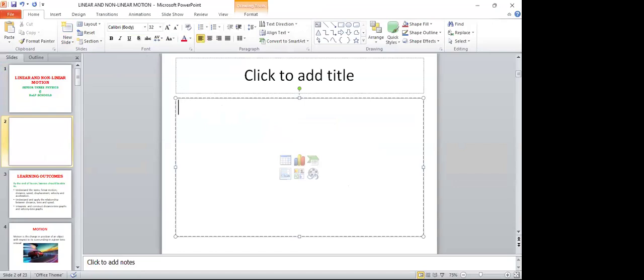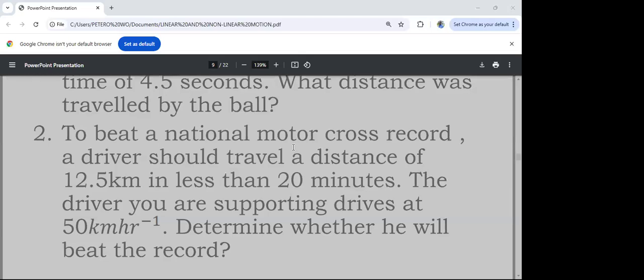So we shall cancel the kilometers and shall remain with the hours since we are finding time. So we divide 12.5 by 50. And we get 0.25 hours.